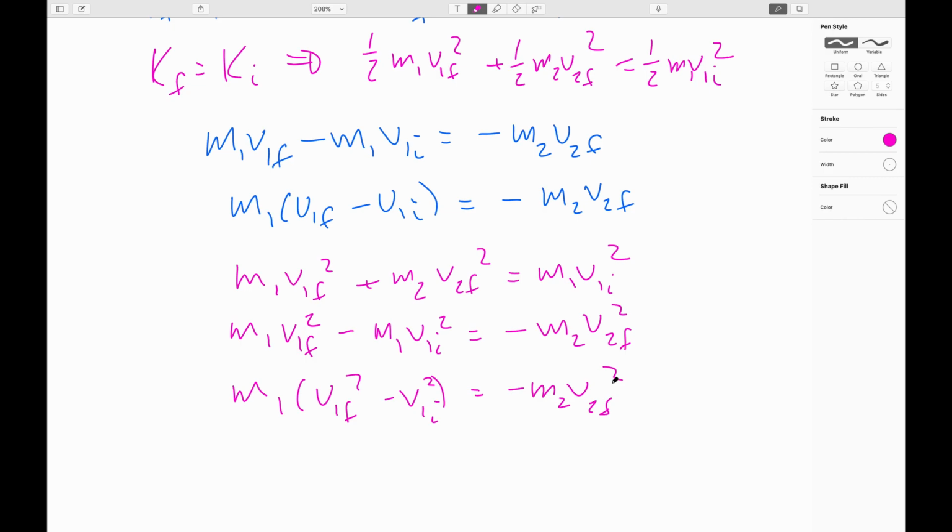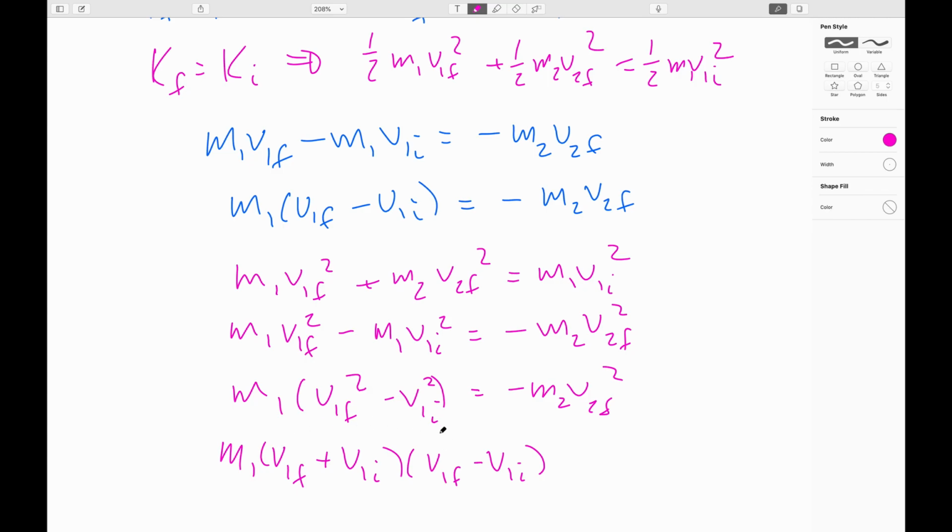All right. And now we remember, hey, the difference of two squares. When you factor that, it's the one factor plus the other factor, times the first factor minus the second factor. So this works out to be M1 (V1 final plus V1 initial)(V1 final minus V1 initial). If you don't believe me, you can check it by doing FOIL on this.